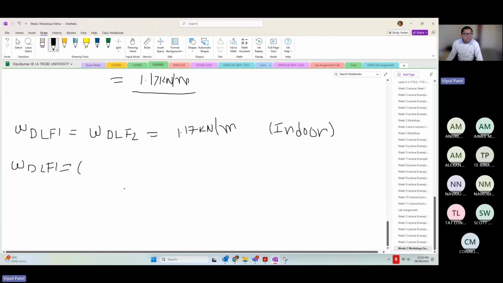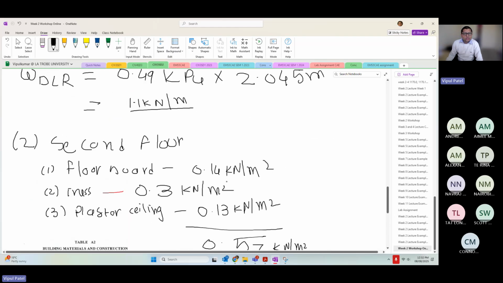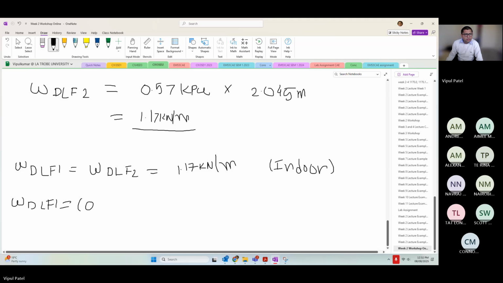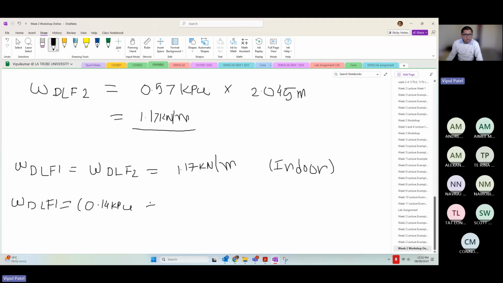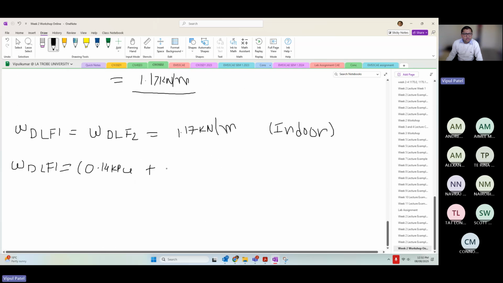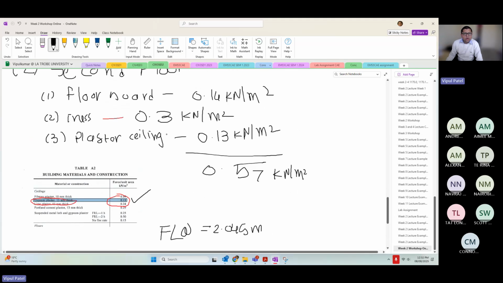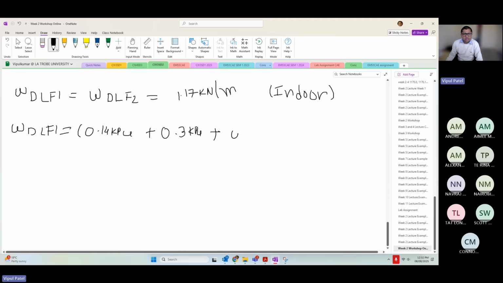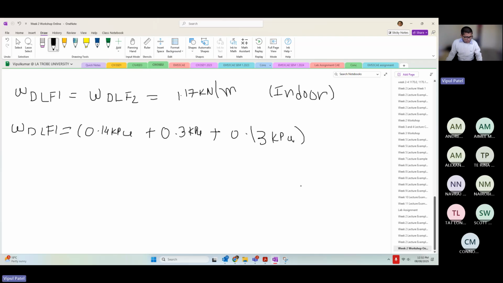So let me add up these ones: 0.14 kilopascals, that is your floorboard, plus 0.3 trusses, plus 0.13 is your ceiling board, and then you have additional tiles.